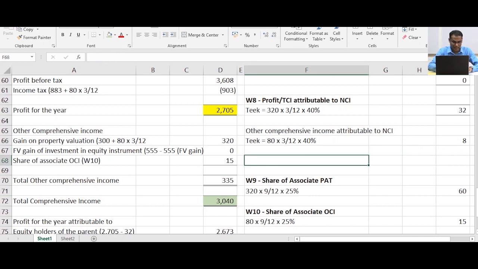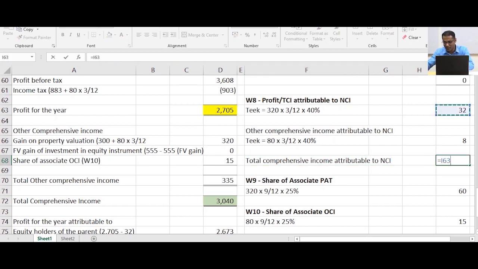Then I can easily take the total comprehensive income attributable to NCI. That is the total of profit attributable to NCI and other comprehensive income attributable to NCI, which is how much? 40. That is 40.